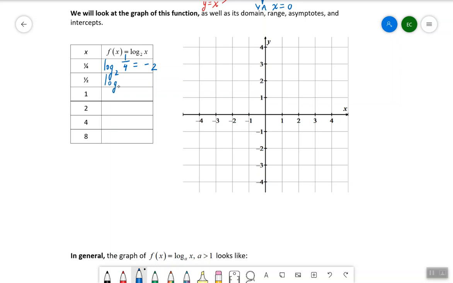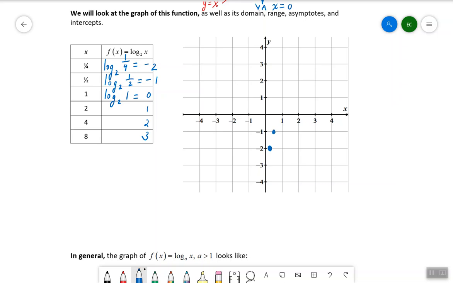Okay, well, we can go on here, and I bet you'll say negative 1 and 0 and 1 and 2 and 3. And you could show the work. I won't write it all out for each of these, but there's one more. Okay, and so we can go ahead and plot those points. We can plot (1/4, -2), which would be about right there.